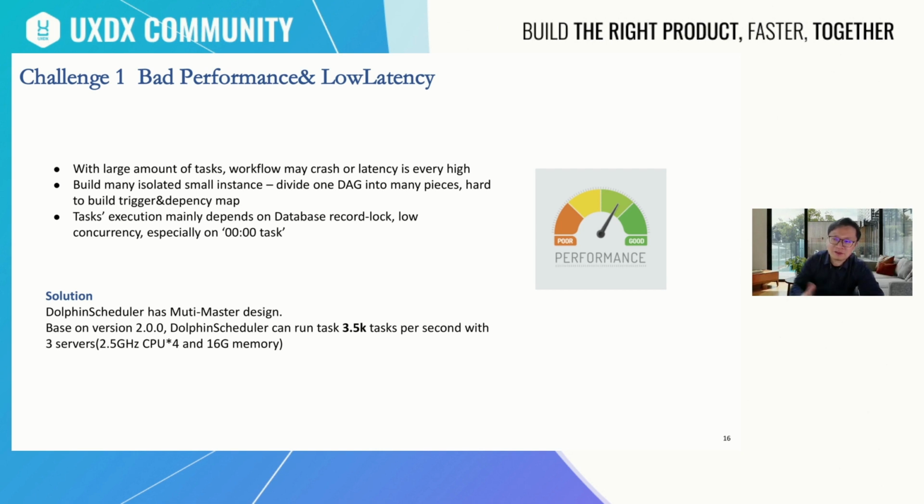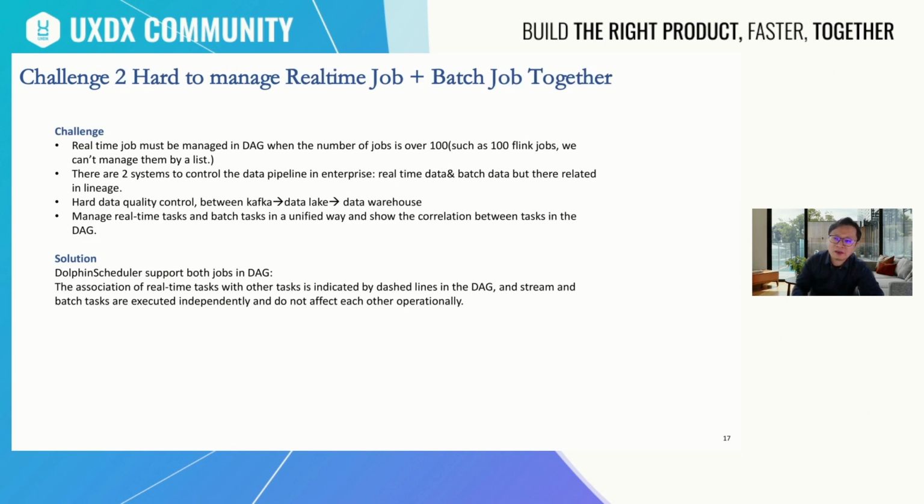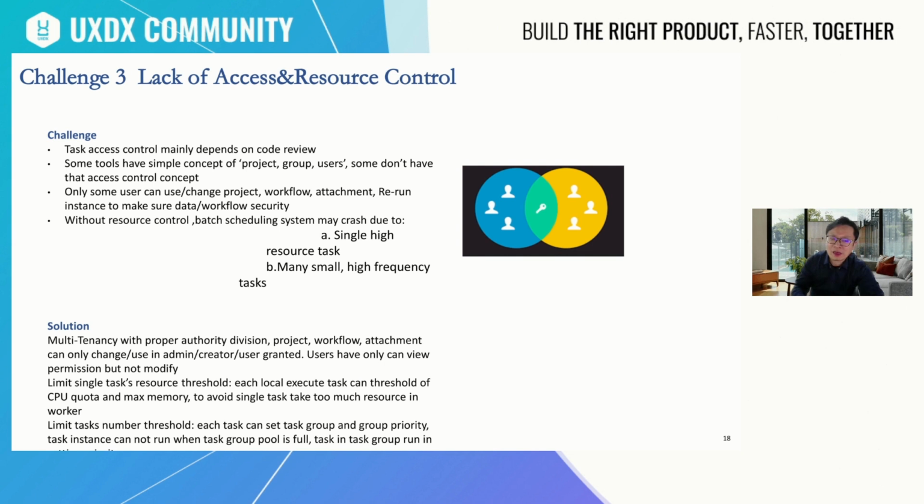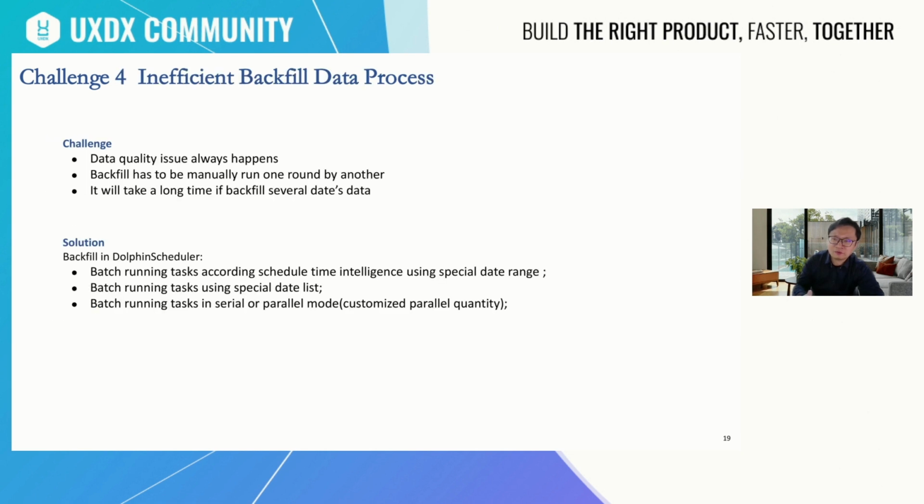Because we often meet some challenges in our big data platform: bad performance, high latency, and sometimes we have to manage real-time jobs and batch jobs together, and sometimes we lack access and resource control, and we have an inefficient backfill data process.